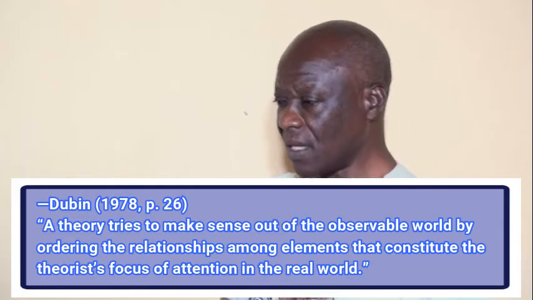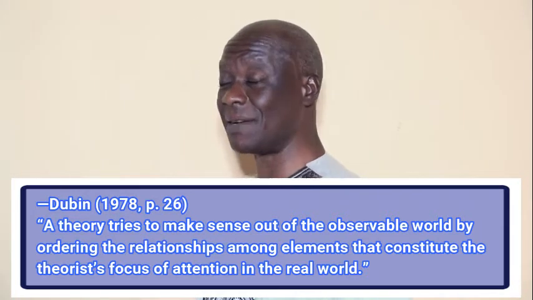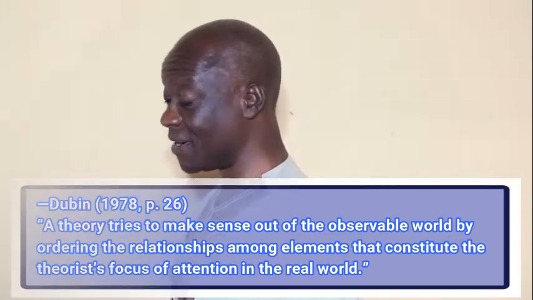So, again, those are definitions, but if you remember, last time I gave you a very simple definition of what a theory is, and I told you that a theory is simply a net that is cast out there in the wide environment to capture reality, ladies and gentlemen. So that is a theory, right?